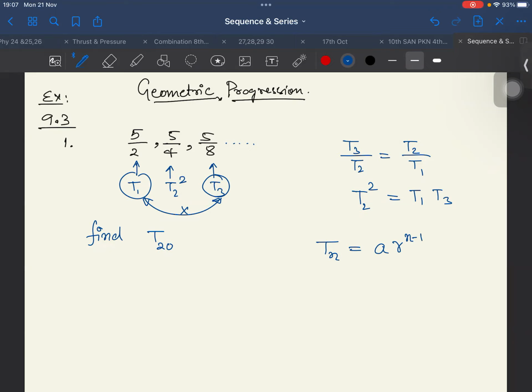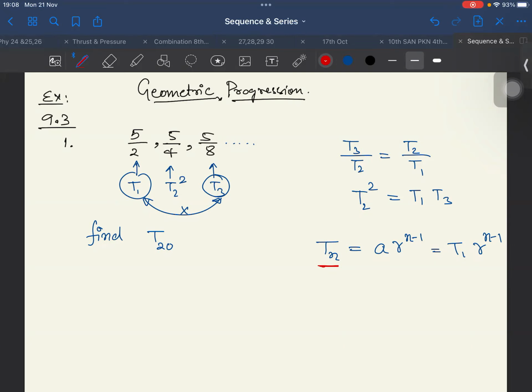So you can also write this as T1, the first term, times the common ratio to the power of n minus 1. Why n minus 1? What do you mean by n minus 1? Total number of terms excluding the first term. So how many terms are there in total? N terms. That means we are writing for the nth term here. Yeah, that's what we needed.